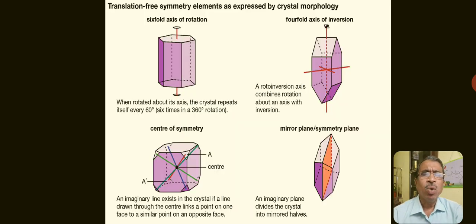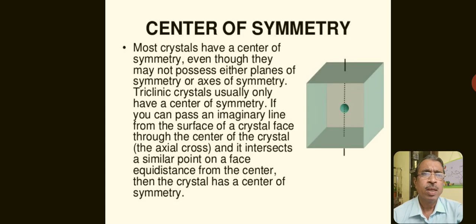This diagram also shows how exactly the center of symmetry and the axis of symmetry are there. In case of hexagonal structures of the crystals, we find the 6-fold axis of symmetry. Now, next we take the third one, the center of symmetry.